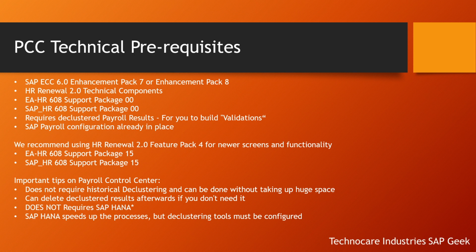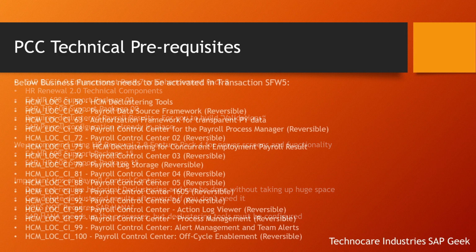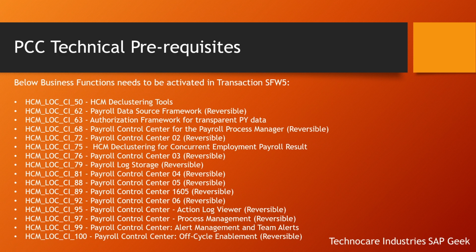So, moving on to the business functions that you need to activate. At the time of making this video, these are the different business functions that you need to activate before starting the configuration of PCC. But there might be a number of additional business functions that you need to activate.